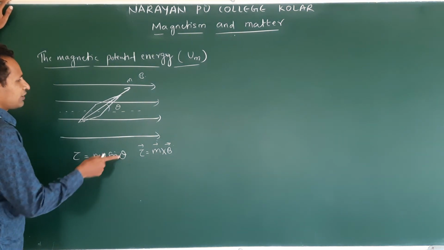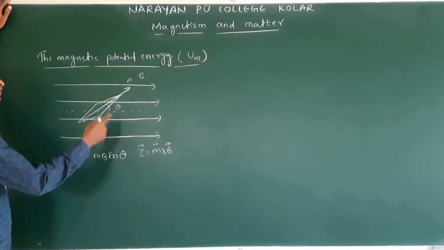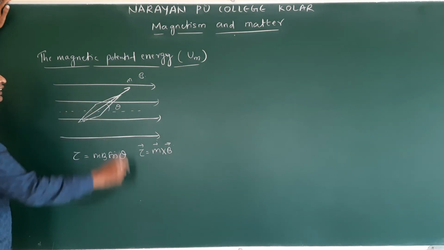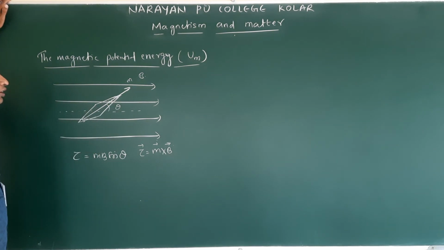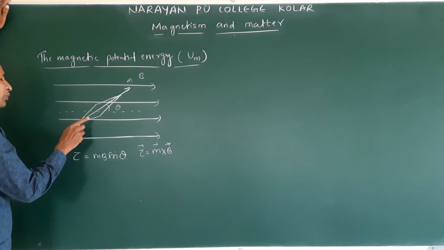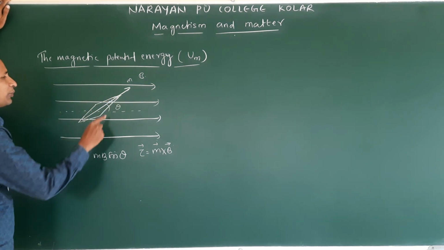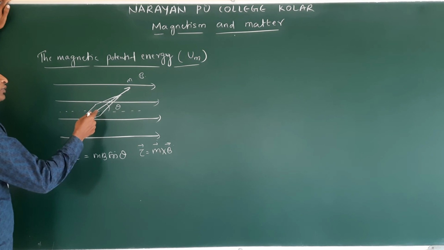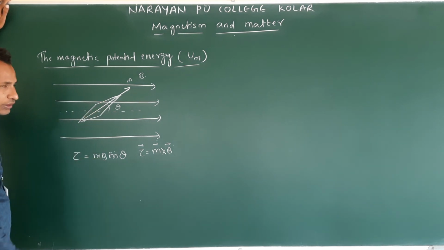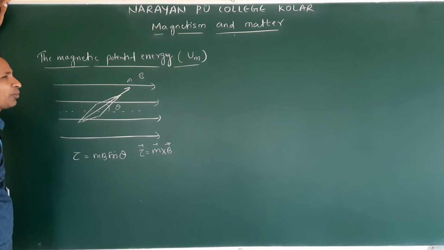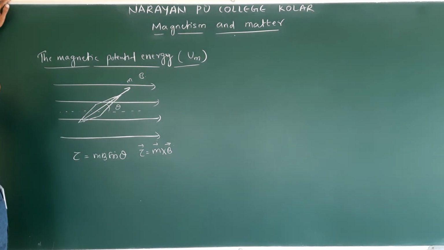So, externally we have done, our magnetic field rotates this dipole. Suppose it is in equilibrium at theta position. What does that mean? Work done is stored in the form of potential energy.